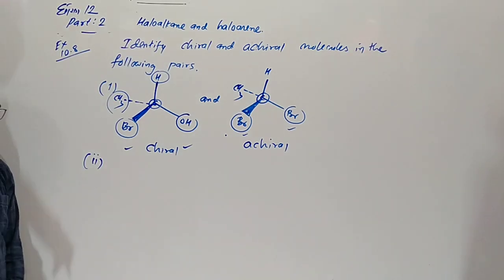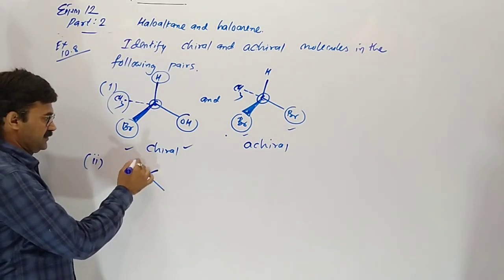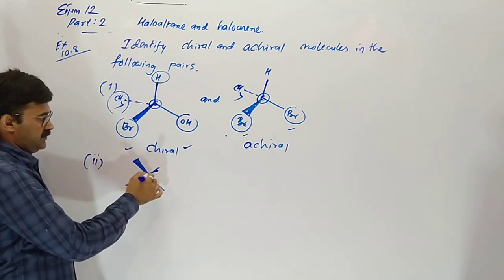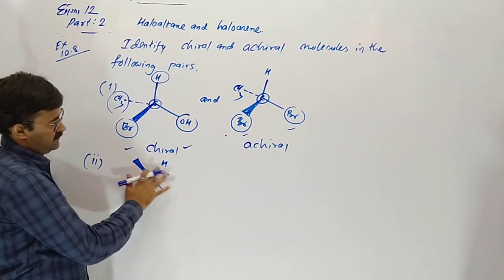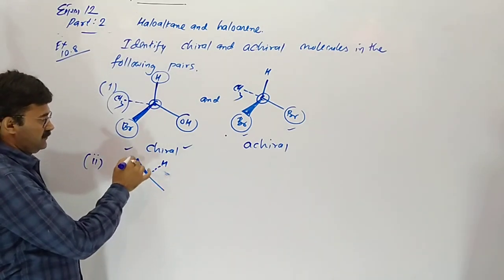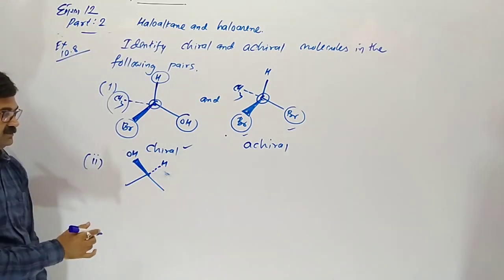The second one in our book is given like this. Here is H as a dotted line behind the paper. Here OH.